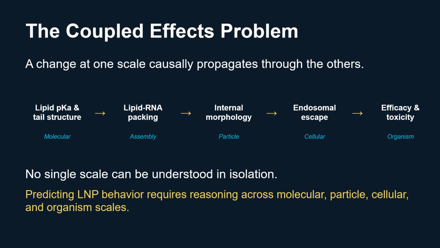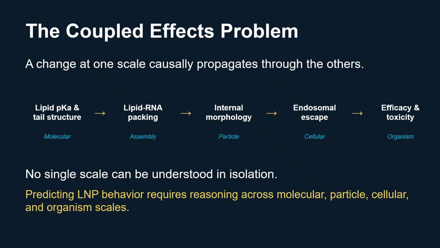Okay, so now this brings us to what people call the coupled effects problem. In LNP systems, changes at one scale affect behavior at other scales. These effects are causal, not independent. For example, changing the ionizable lipid's pKa or tail structure changes its charge state and packing behavior during formulation.